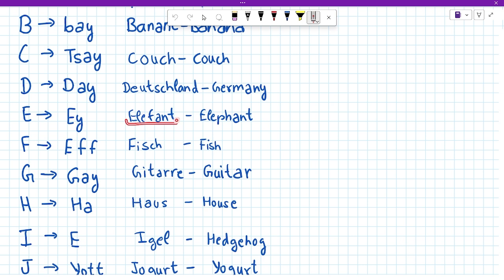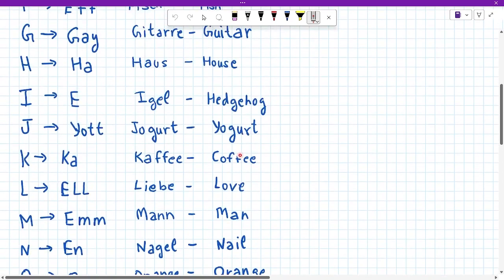Then Elefant, which stands for elephant in English. Then Fisch, which is fish in English. Guitarre, which is guitar in English. Then Haus, for house in English.